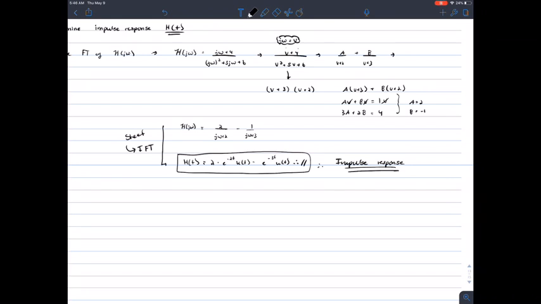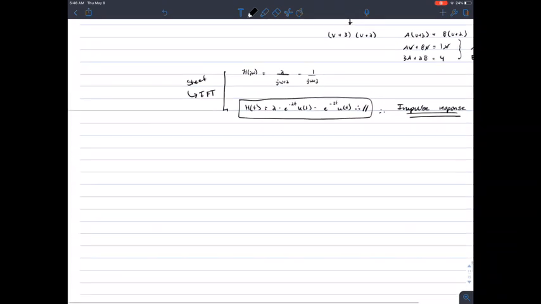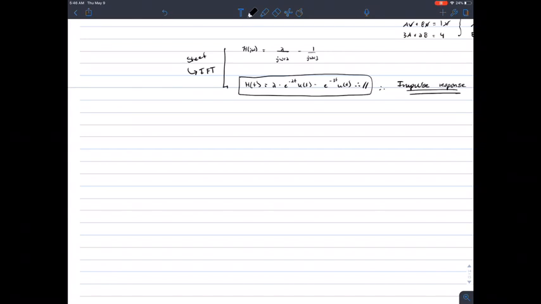Now the next part of the question is asking, part C: what is the output of the system S when x of t is equal to e to the -4t u of t minus t e to the -4t u of t?